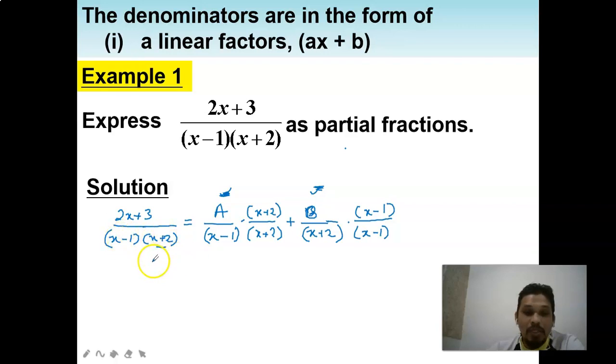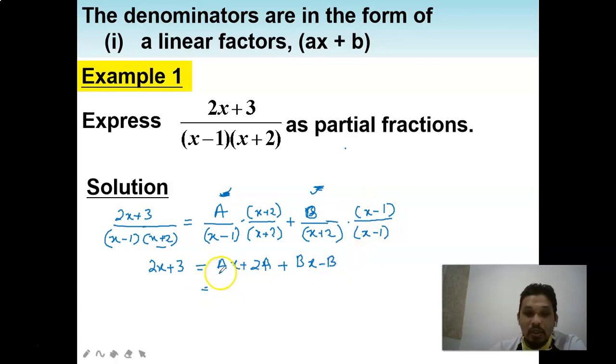So now we may compare the numerator: 2x plus 3 equals a times x plus 2, which is ax plus 2a, plus b times x minus 1, which is bx minus b.